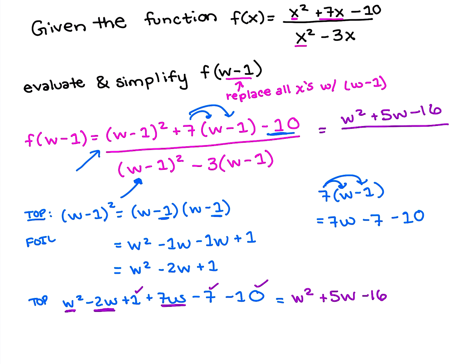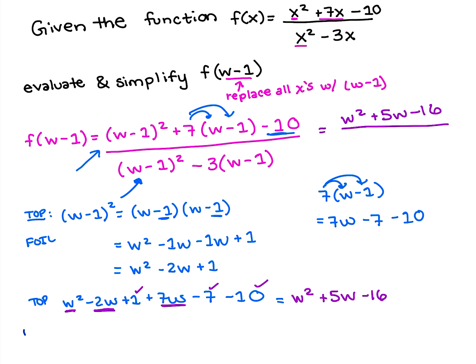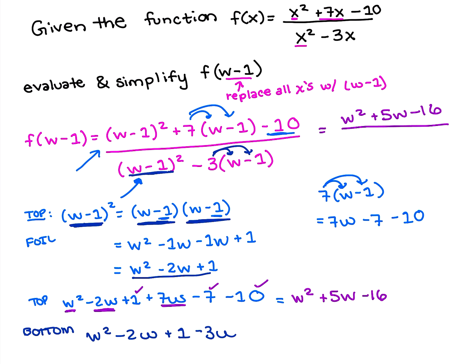Okay? Now let's look at the bottom. The bottom starts with w minus 1 squared. We already did all this work. We said w minus 1 squared is the same thing as w minus 1 times w minus 1, which is w squared minus 2w plus 1. Okay? So we really just need to FOIL or distribute this out, rather. We have negative 3 times w, which is going to be negative 3w.